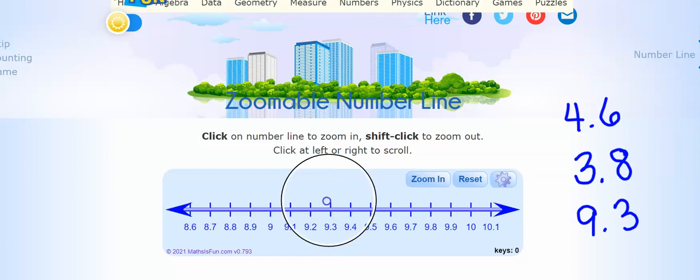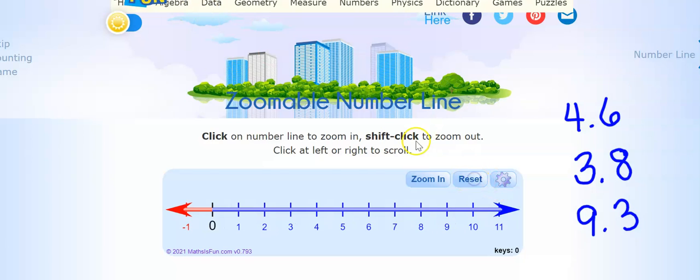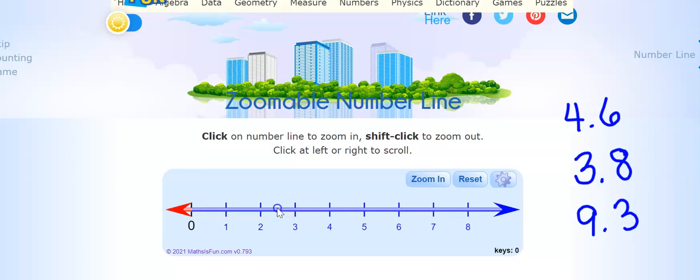Now, we know that there are numbers that are in between these numbers. I'm going to reset my number line here. So let's look between 2 and 3 again.